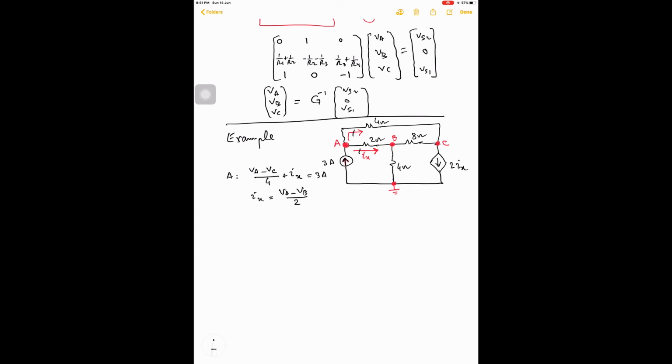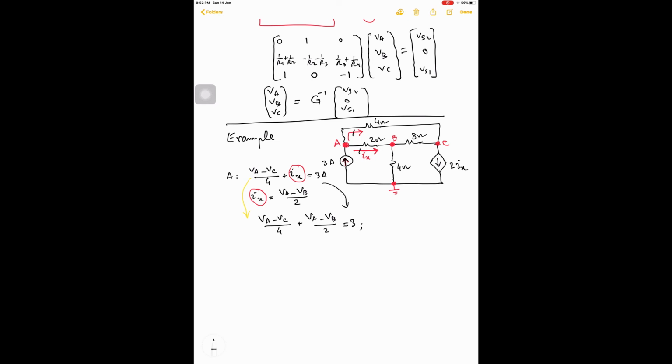This is Ix. Now if I substitute this Ix over here and rewrite this equation, this will be equal to VA minus VC divided by 4 plus Ix. So Ix is VA minus VB divided by 2, and the right hand side was 3.